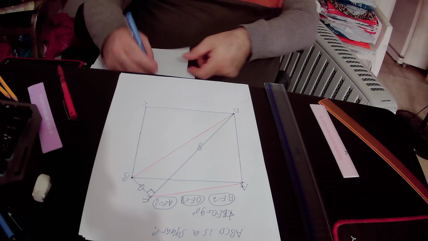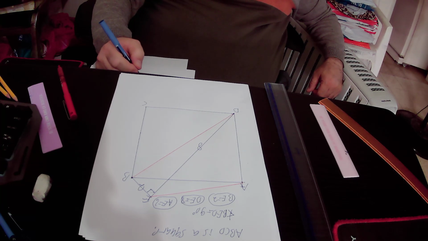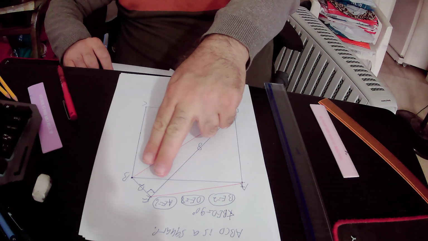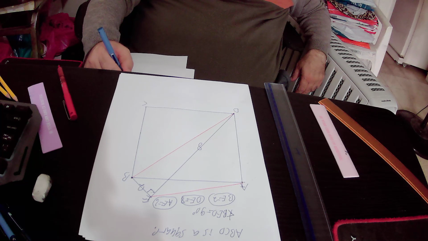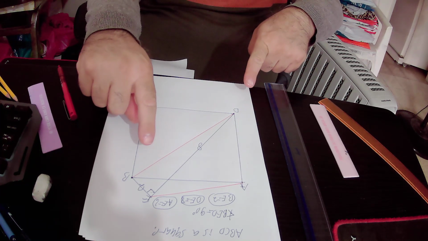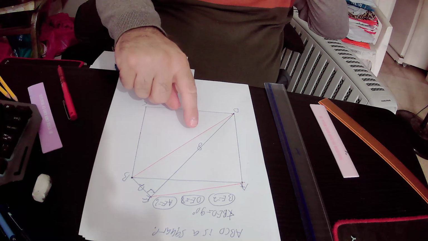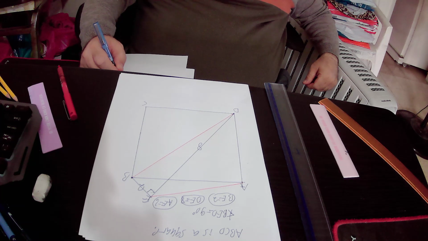So BD square equals BE square. BE equals 2 units, so BE square is 2 square, which is 4, plus DE square. DE equals 8 units, so DE square is 8 square, which is 64.